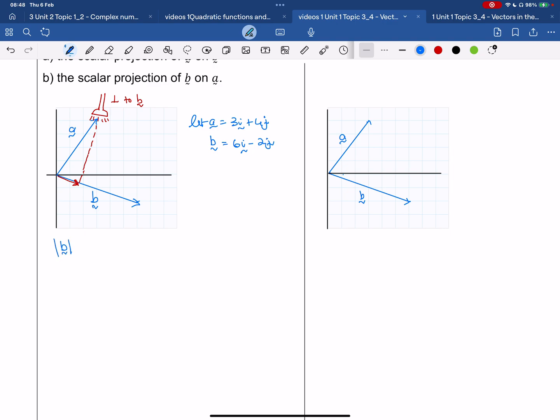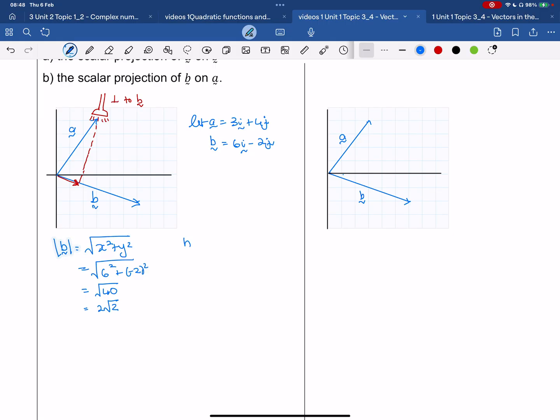Magnitude of B is the square root of x squared plus y squared. That's going to be the square root of 6 squared plus negative 2 squared, and that's root 40, which is 2 root 10.